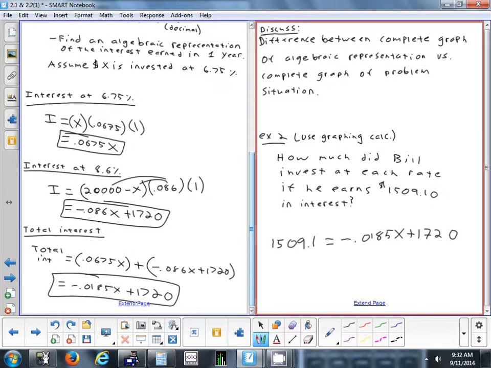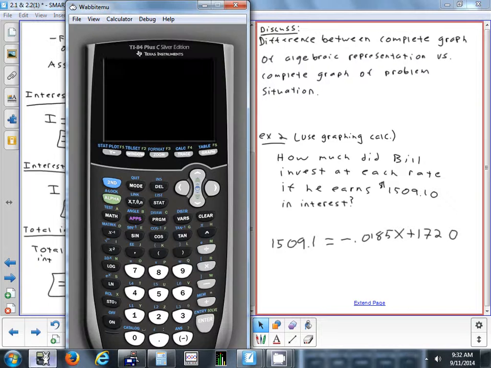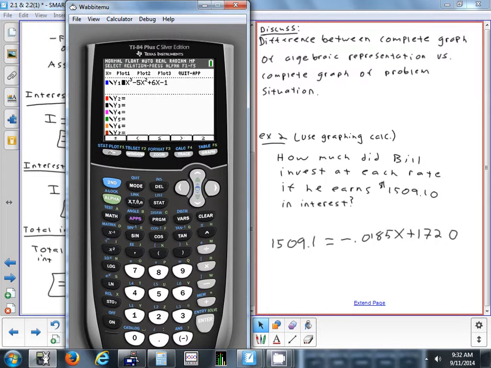Okay, but let's do it graphically. Let's try it that way. Okay, so what I'll do is type in 1509.1 in y1, negative 0.0185x plus 1720.